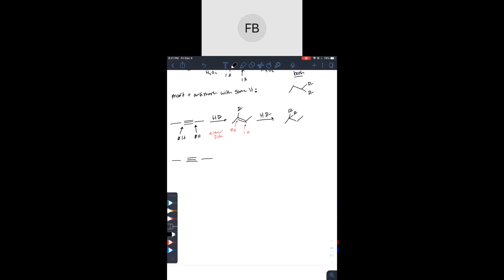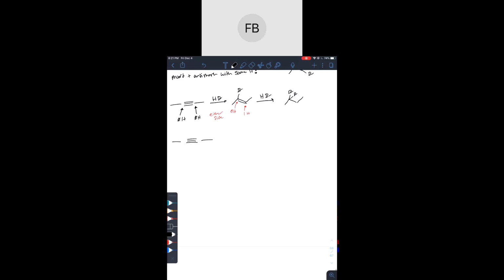That's what I'm trying to illustrate here. So you're doing the Markovnikov example first. Let's do an anti-Markovnikov example, HBr, H2O2. So what happens is that, again, it's just going to go to either side. Whatever. For the sake of consistency, let's make it go here first. So again, we're looking at this.